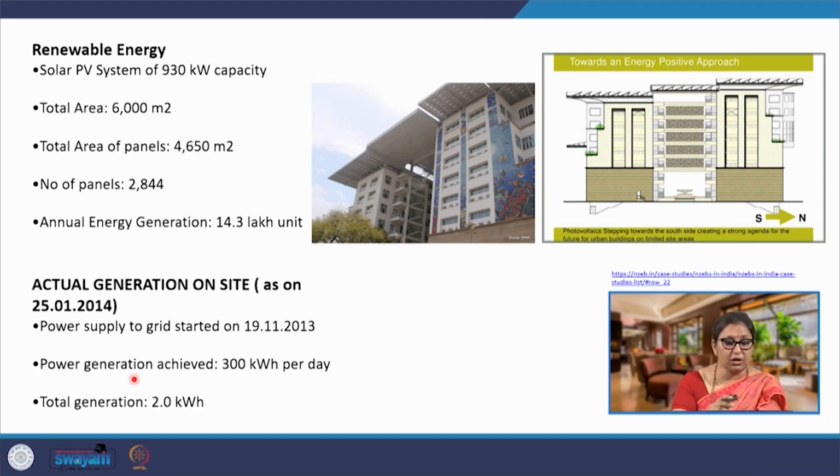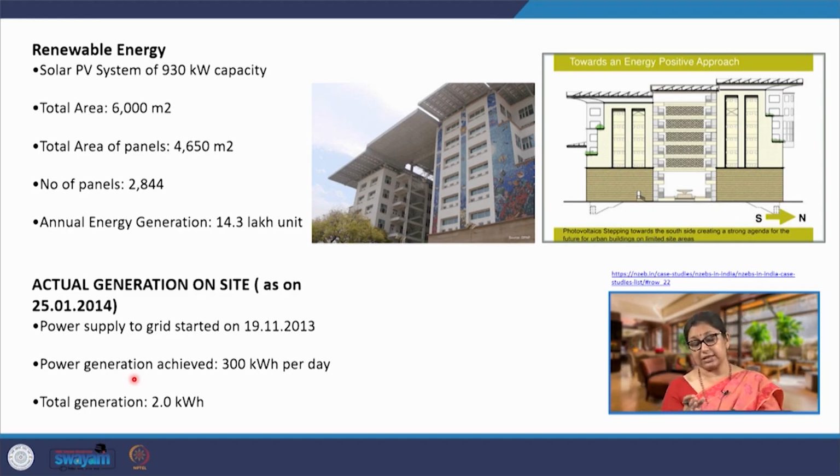And overall, the solar PV system of 930 kilowatts capacity is installed, and the actual generation produces around 300 kilowatt hours per day. Which is significantly high given the small footprint that this building has. So, overall this building achieved an absolute net zero energy status, and in certain months it becomes energy positive as well. It sends back to the grid.